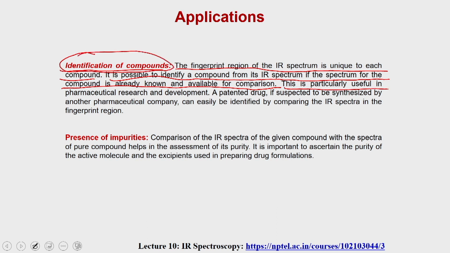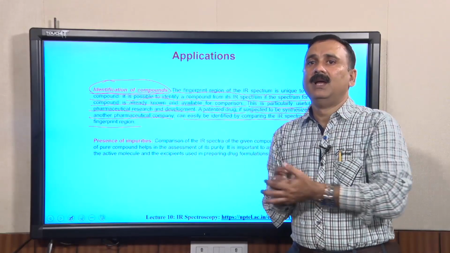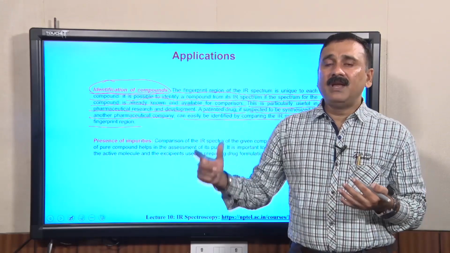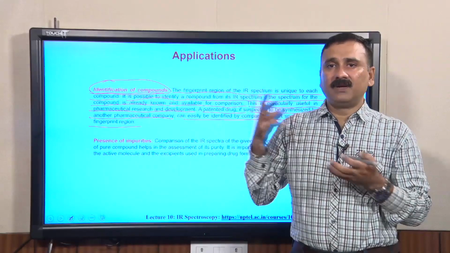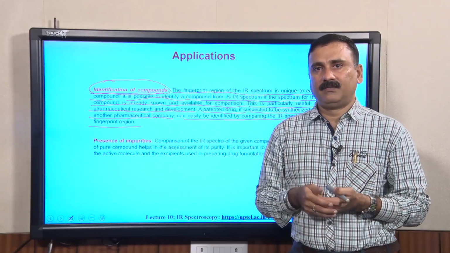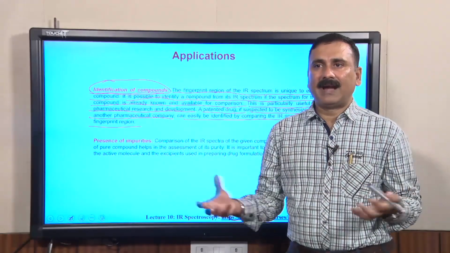This is particularly useful in pharmaceutical research and development. A patented drug, if suspected to be synthesized by another pharmaceutical company, can easily be identified by comparing the spectra of the fingerprint region. Which means, suppose I have discovered a drug which has gone into the market, and the same drug is being synthesized by another company with a different generic name or different brands.